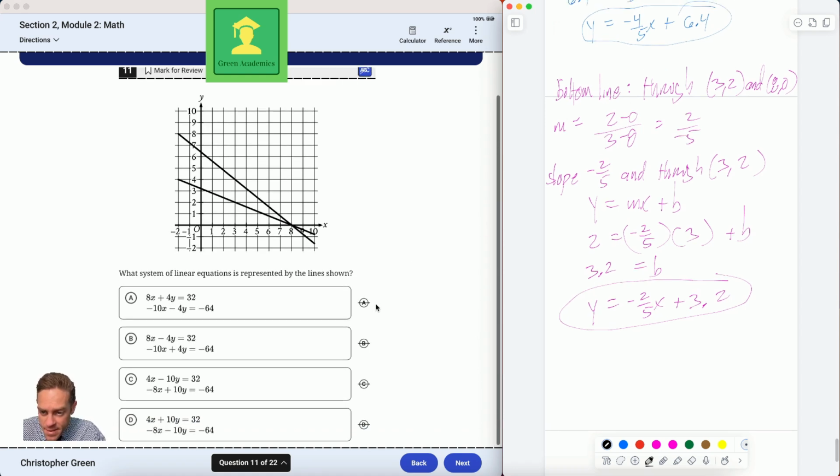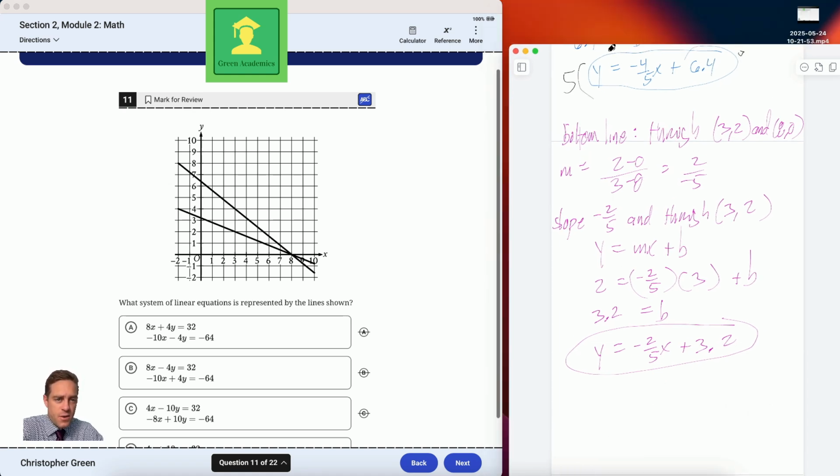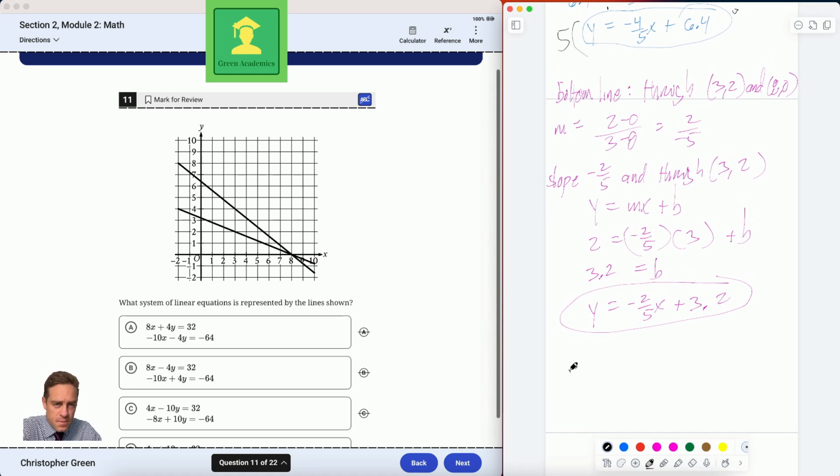Now, they make all of the coefficients integers. So I'm guessing for the top one that's circled in blue, you multiply everything by 5. And that here would give you 5y is negative 4x plus 32.